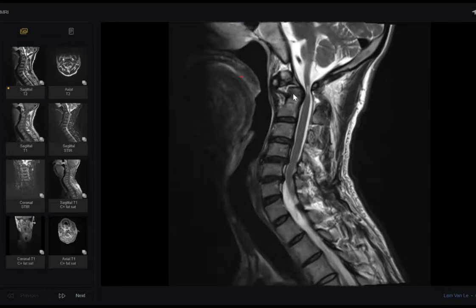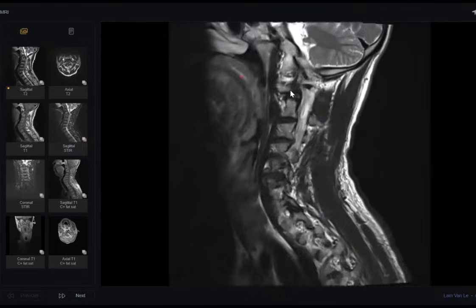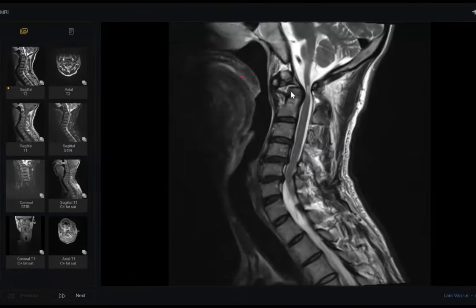I can also see an increase in the distance between the dens and the first cervical vertebra, more than 3 millimeter, which is the normal limit for adult patients.